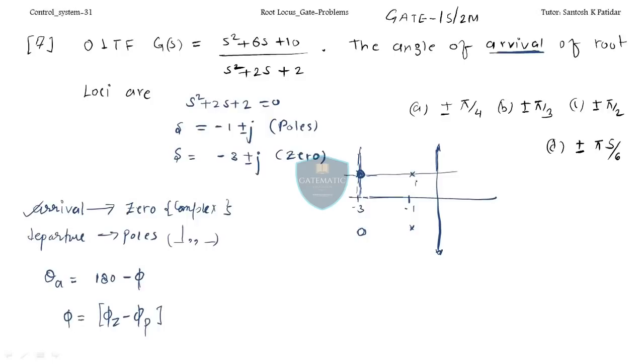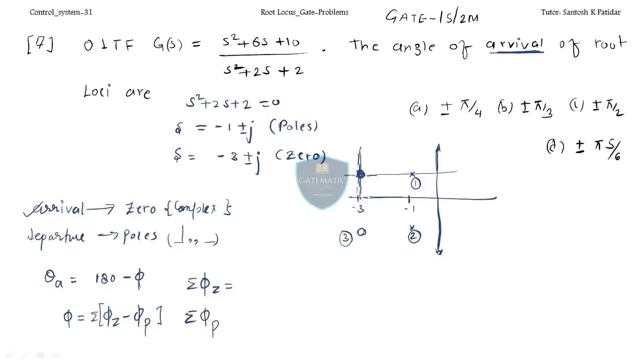How many points do you have? 1, 2 and 3. Out of these 3 points, 2 are poles and 1 is a zero. We are looking for phi z and phi p, and actually the summation of them.